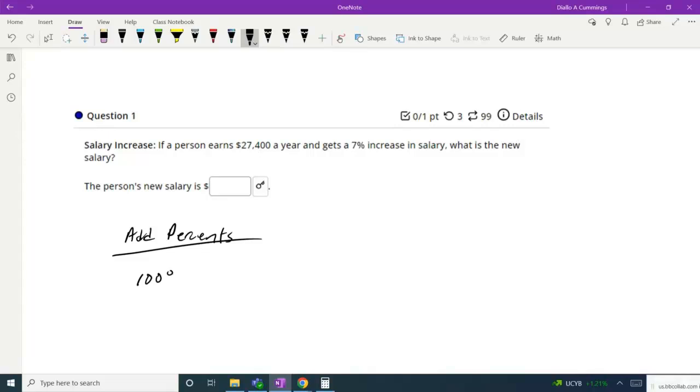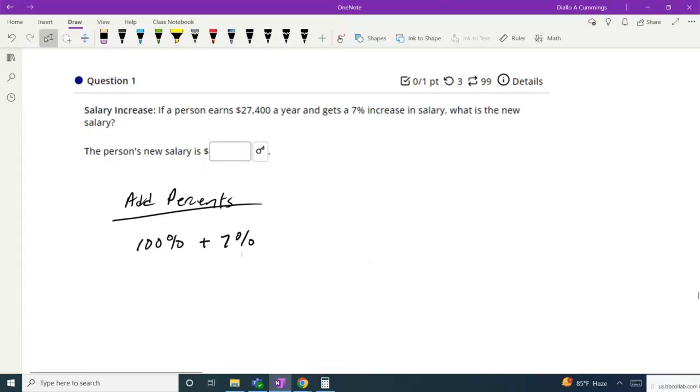So we have 100%, and that 100% comes from that person's salary, which is $27,400 a year. We want to increase that already 100% by 7%. All right, so I'm going to add these 2 together. So before we perform any calculations, we want to convert the percents to decimals.